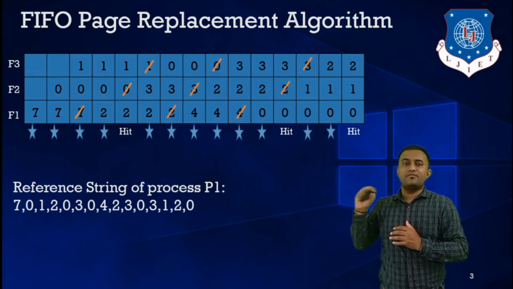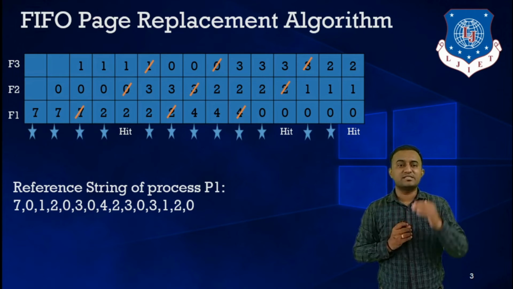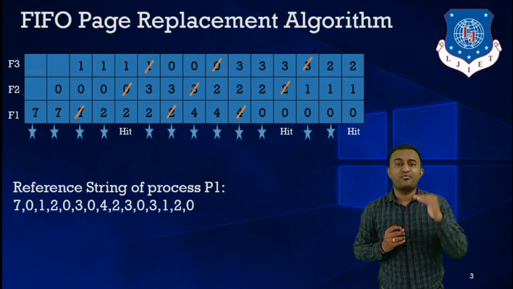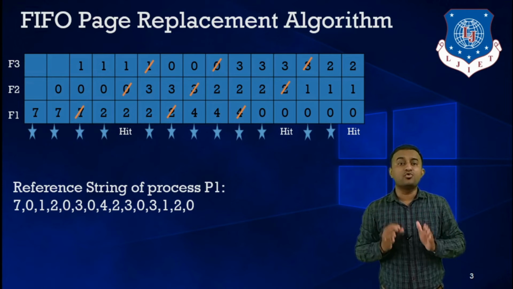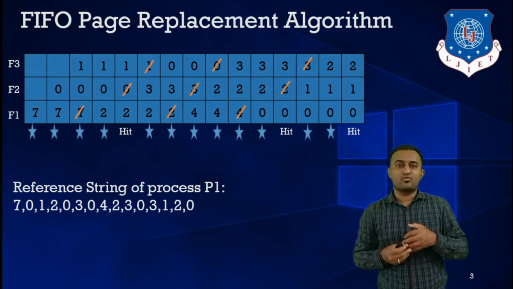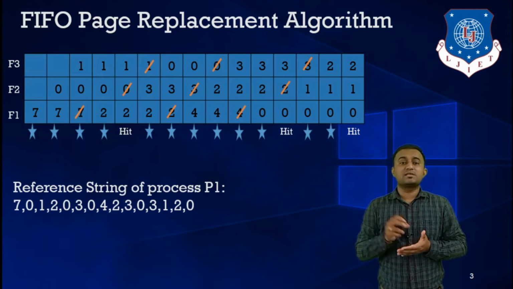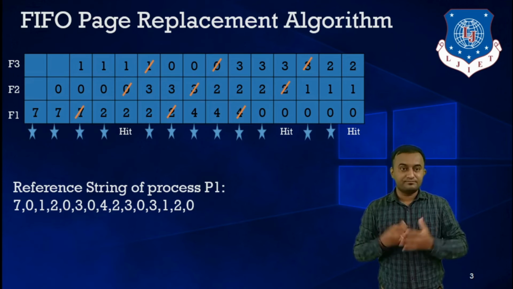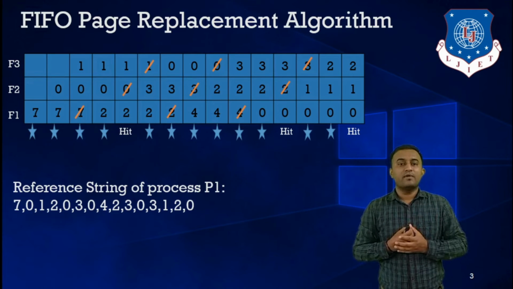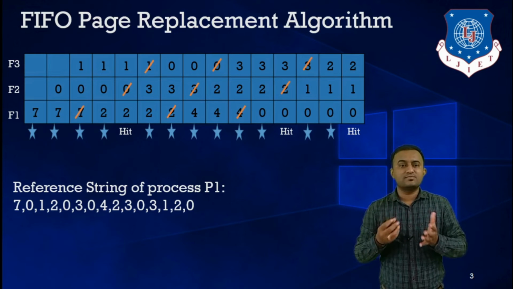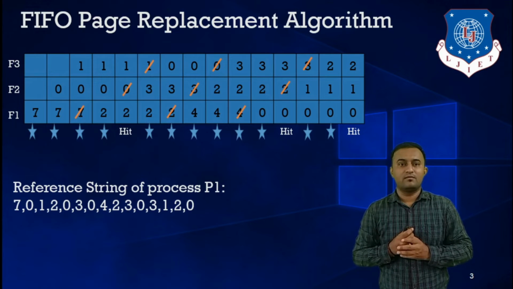We have 3 frames of equal size, but the pages are not loaded into main memory yet. Now we are going to load the pages given to us as input, like 7, 0, 1, 2 onwards and so on, into this table, or main memory.